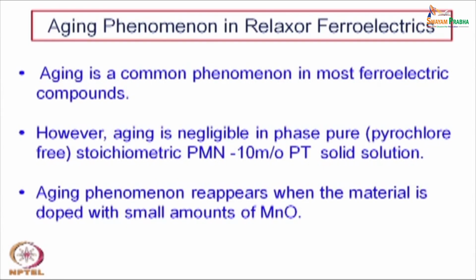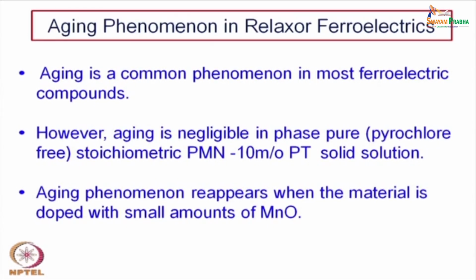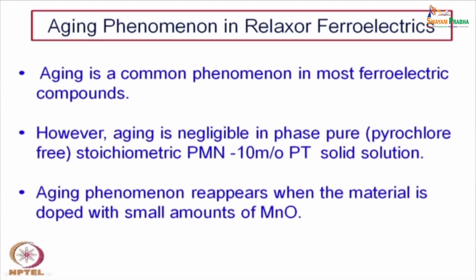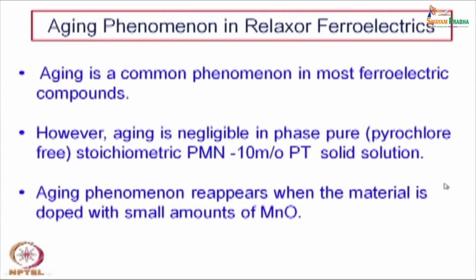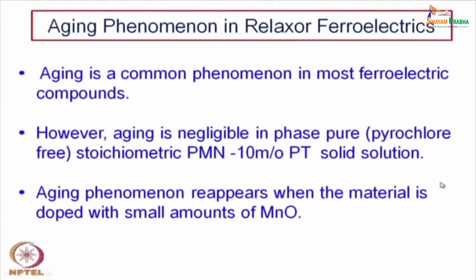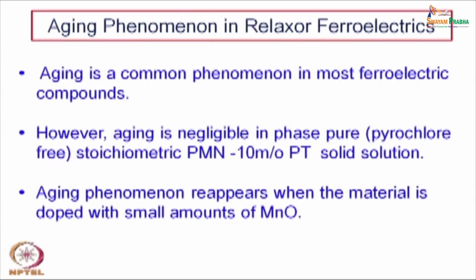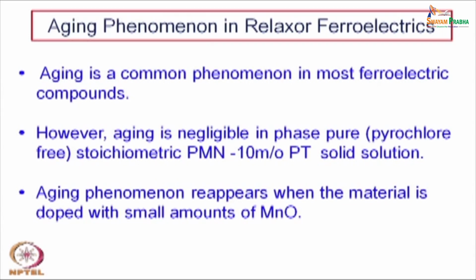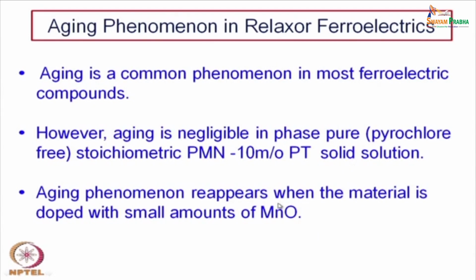If MnO is added, it has been found that this aging characteristic reappears. So, because the aging properties of these electrostrictive materials are negligible, they can be a good actuator material.